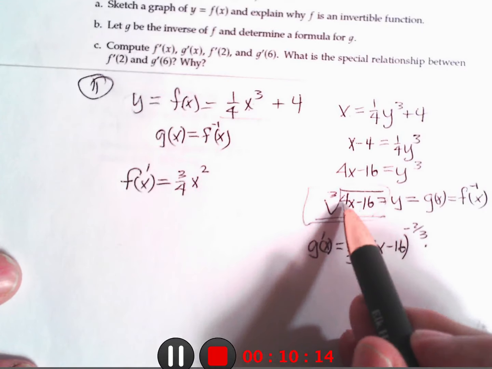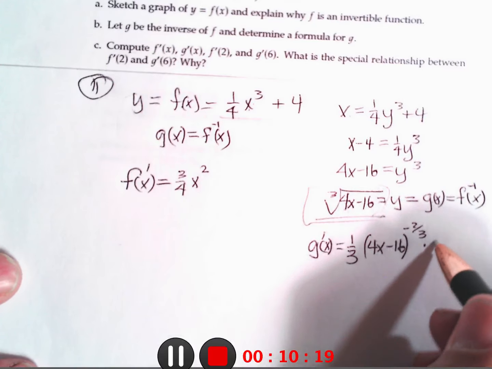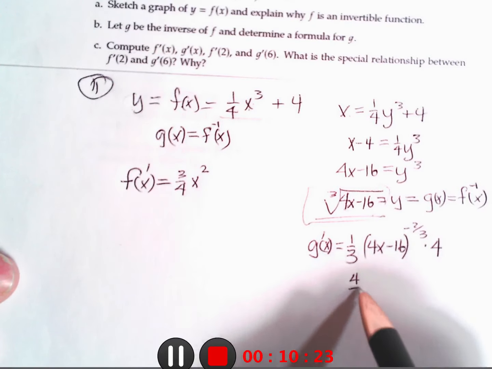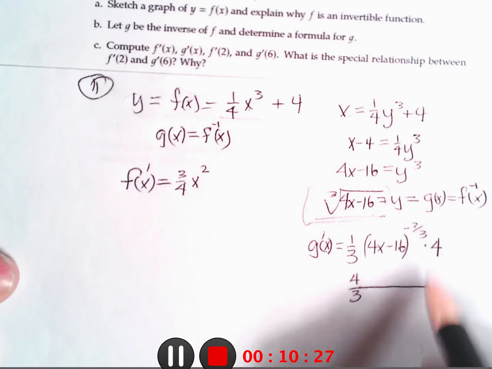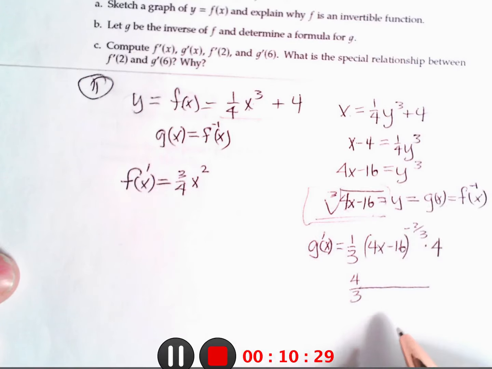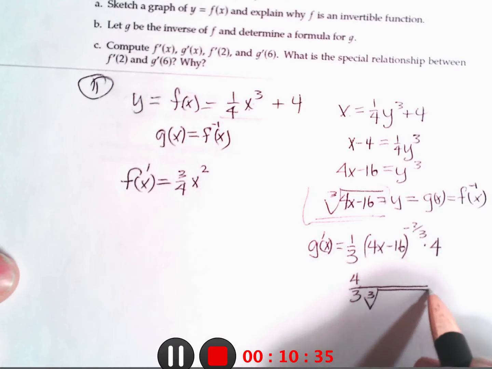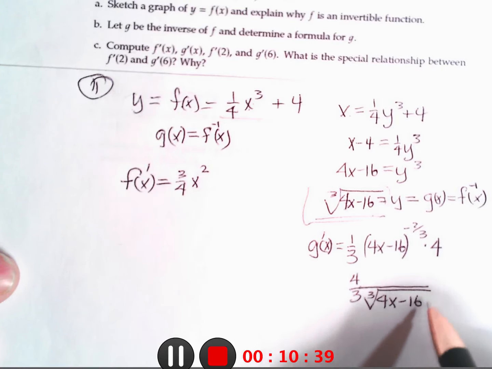The derivative of 4x minus 16 is just 4. So I get 4/3, and because of the negative exponent, I can put this in the denominator and take the cube root of 4x minus 16, squared.